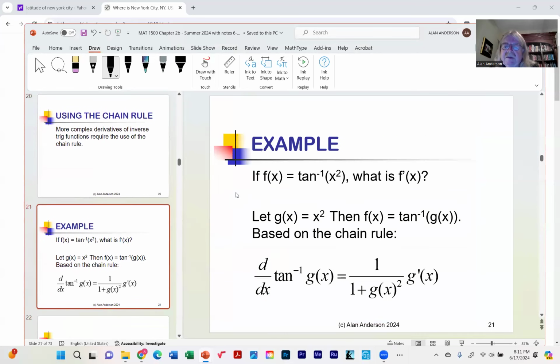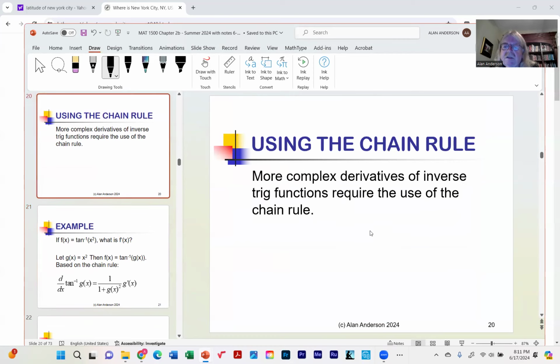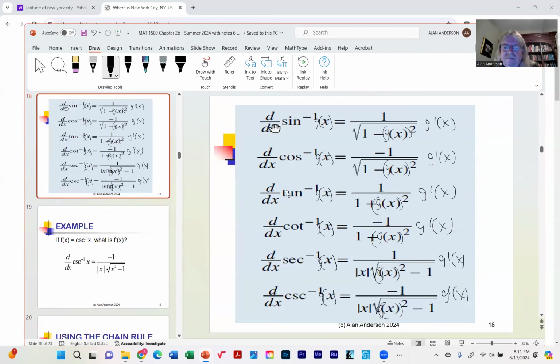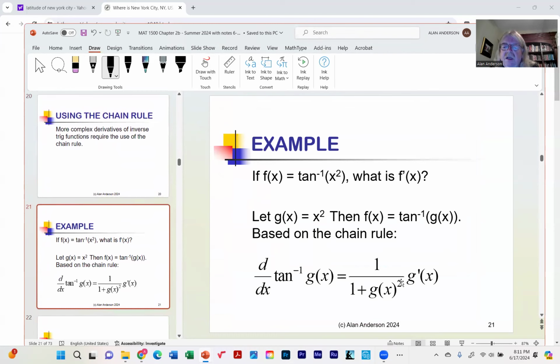Here's an example. What if we have f of x is the arctangent of x squared? So let's look it up here. It's 1 over 1 plus g of x squared, and then at the end, of course, we do need g prime of x. In this case, g of x is right here.